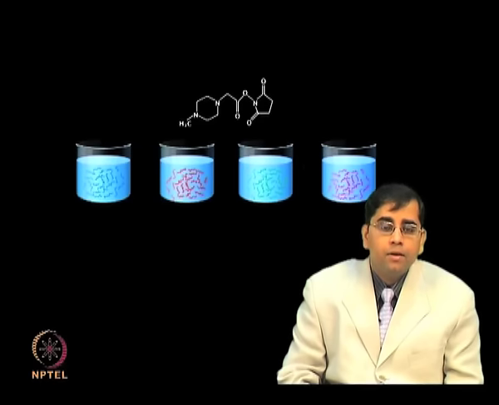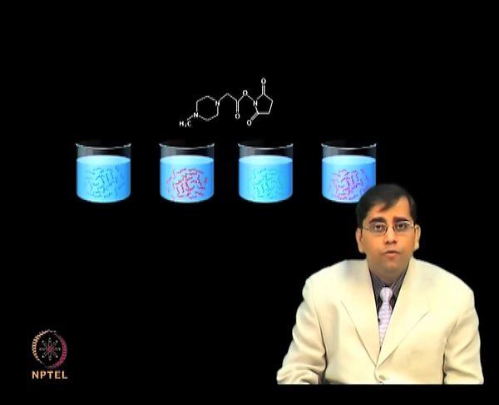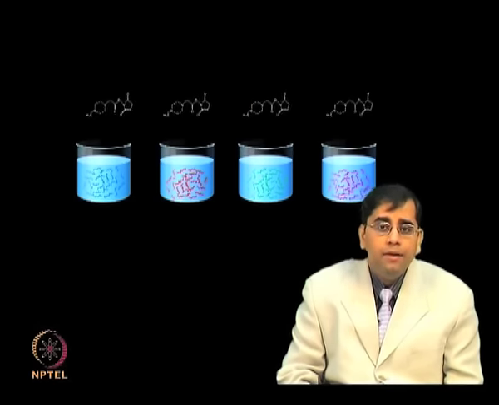iTRAQ is an MS based technique for relative and absolute quantitation of protein. iTRAQ reagents are a set of 4 isobaric amine specific labeling reagents 114, 115, 116 and 117.